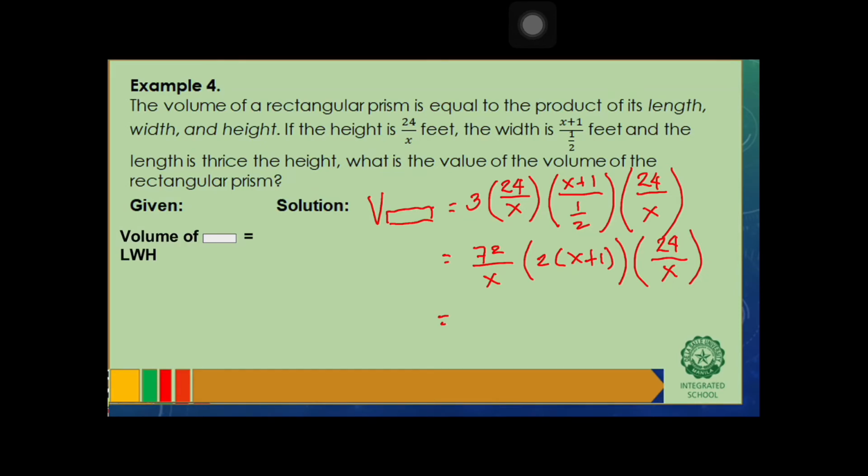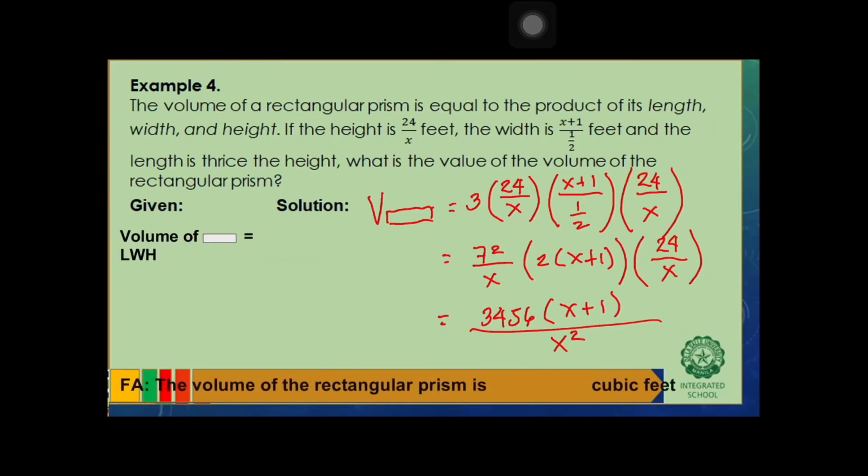And as you continue in doing the operation, you will have the final answer, which is 3,456 multiplied by x plus 1 all over x times x in the denominator, which will give you x squared. So for your final answer in example number 4, the volume of the rectangular prism is equal to 3,456 multiplied by x plus 1 all over x squared cubic feet.